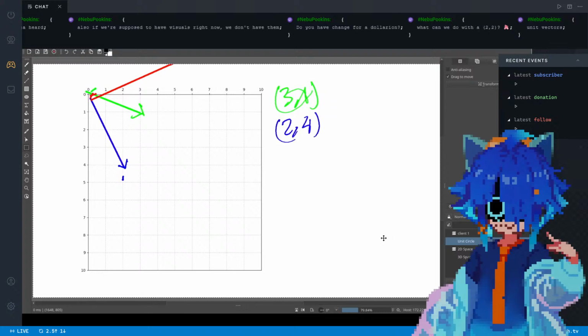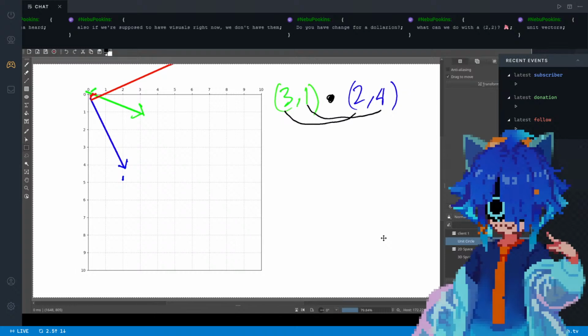So if we take the dot product of this, well, we take their elements and we multiply them together element-wise.